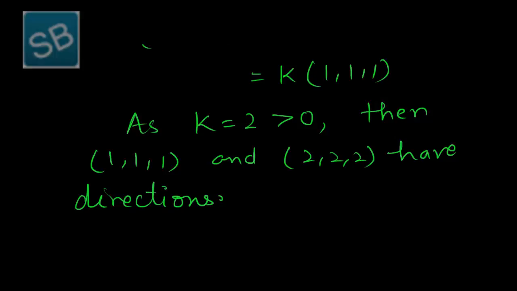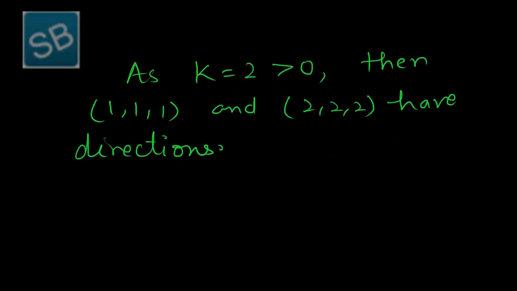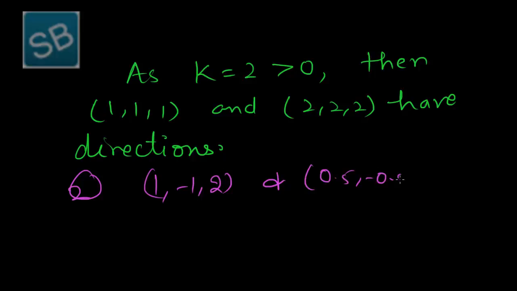Now we have to check the second pair, that is 1, minus 1, 2 and vector 0.5, minus 0.5, 1.